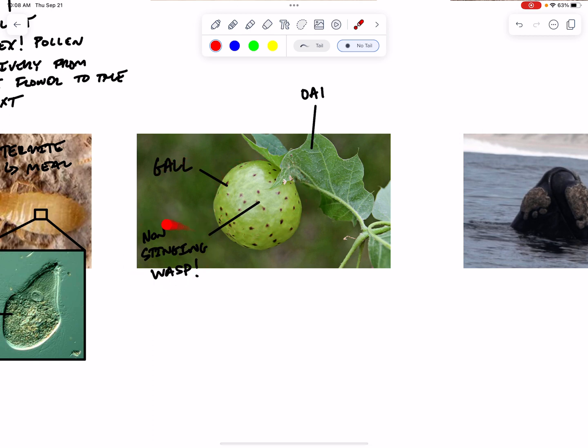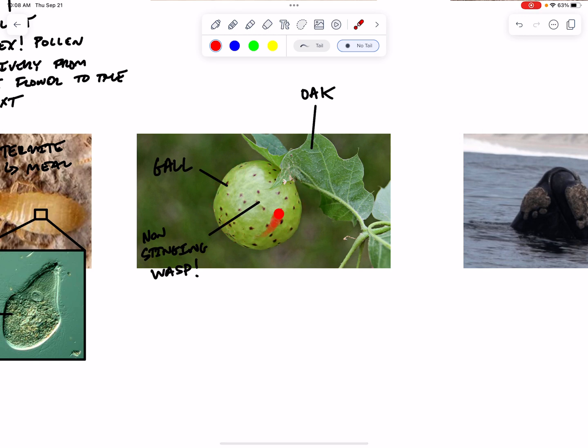So the gall structure is actually oak leaf tissue. The non-stinging wasp, when it is a larva, comes to an oak tree, attaches itself to a leaf, and secretes a hormone. That hormone manipulates the oak leaf cells and induces them to grow and form this structure, a gall.